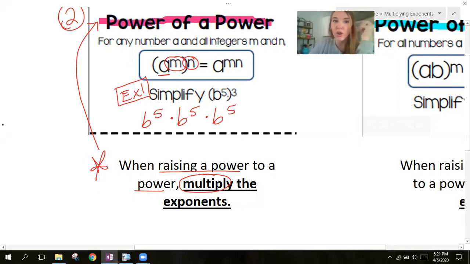Okay, and so when it's raising it to the power, that's essentially like saying b to the 15th power. Because what they did, just like they show up here, is they took the two exponents, the 5 and the 3, and they multiplied them together. So 5 times 3 would give us that 15. Okay, so let's look at one more just to make sure that we understand that rule.